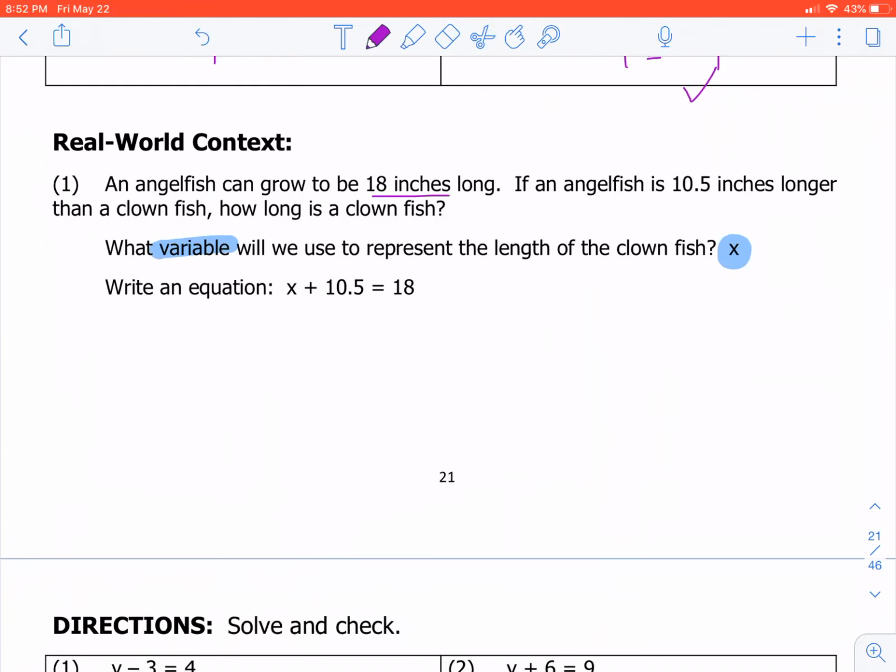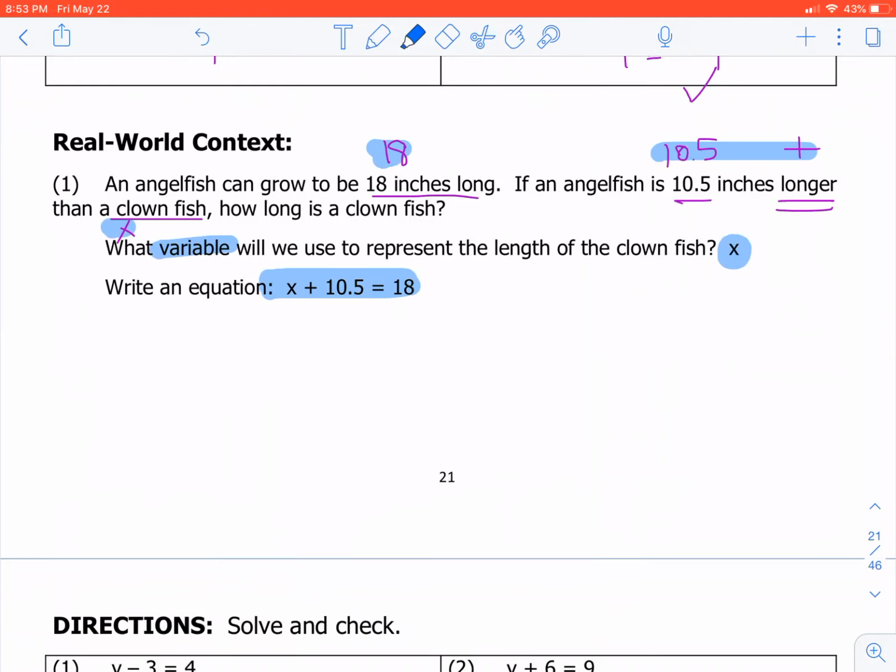Now this right here tells us this angelfish is 18 inches. But it also tells you that it's 10.5 longer than, which means we're going to add, a clownfish. We just don't know what that clownfish is. We call it x. So the equation that I come up with is right here: x plus 10.5 equals 18. That's because of what I came up with by reading each word on the top.